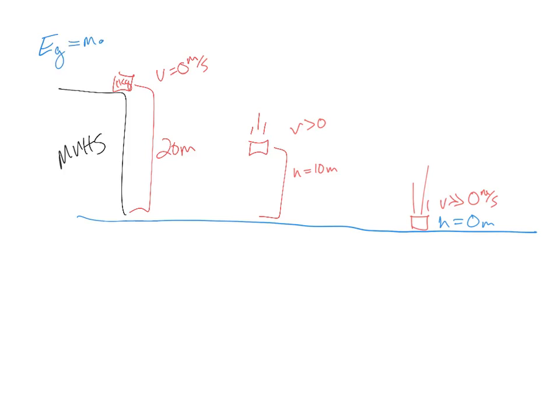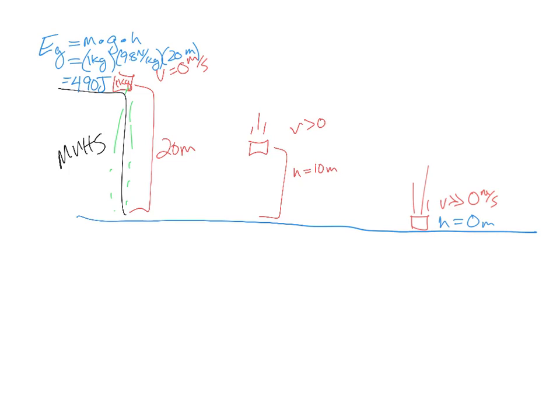The gravitational equation is m times g times h. So if our m is 1 kilogram and our g is 9.8 newtons per kilogram and the height is 20 meters, this means that we have 490 joules of energy stored in this gravitational field between the box and the Earth.